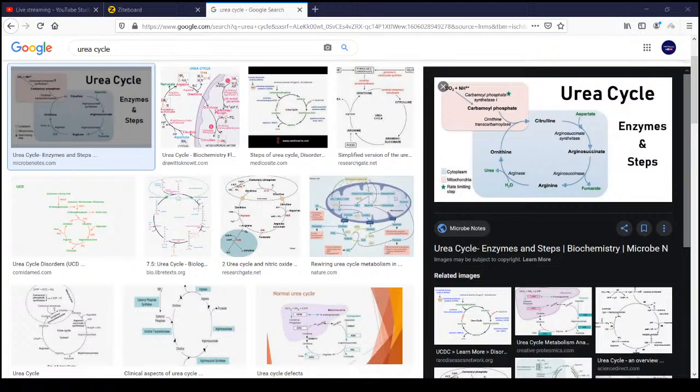Uriniferous tubule is nothing but the nephron. So what is not present in a nephron? Just think.